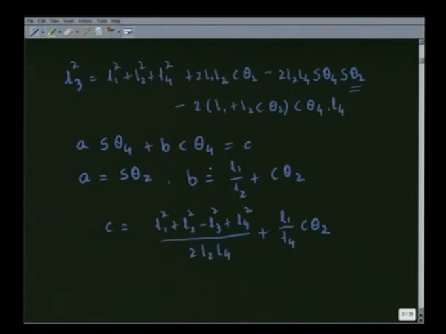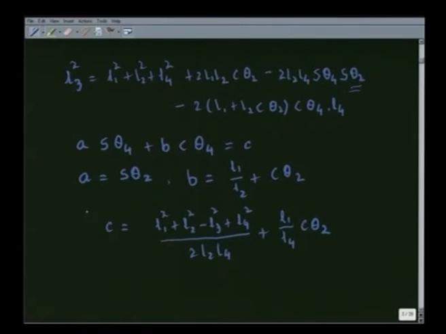So, we see if theta 2 and all the link lengths are given, these quantities, namely A, B and C, are completely known, and the only unknown is this theta 4, which has to be solved.